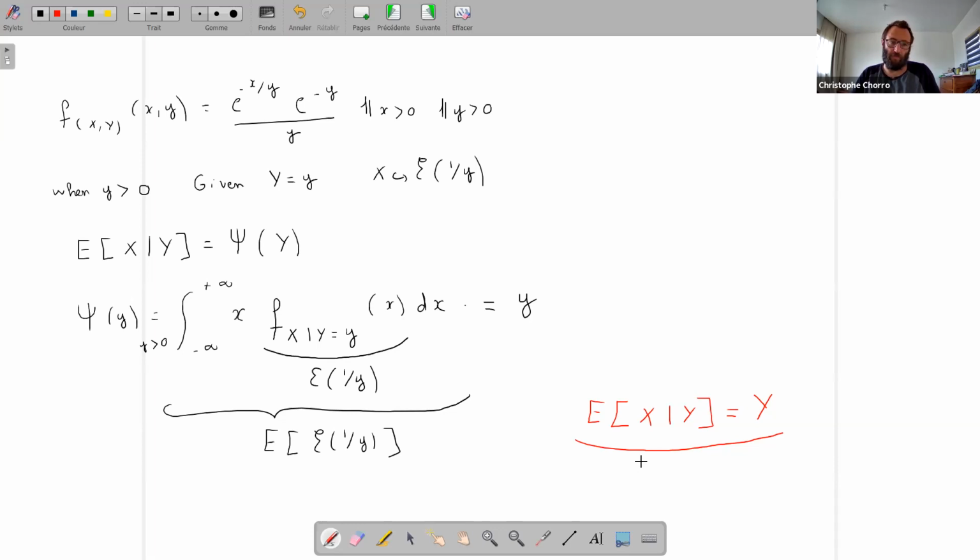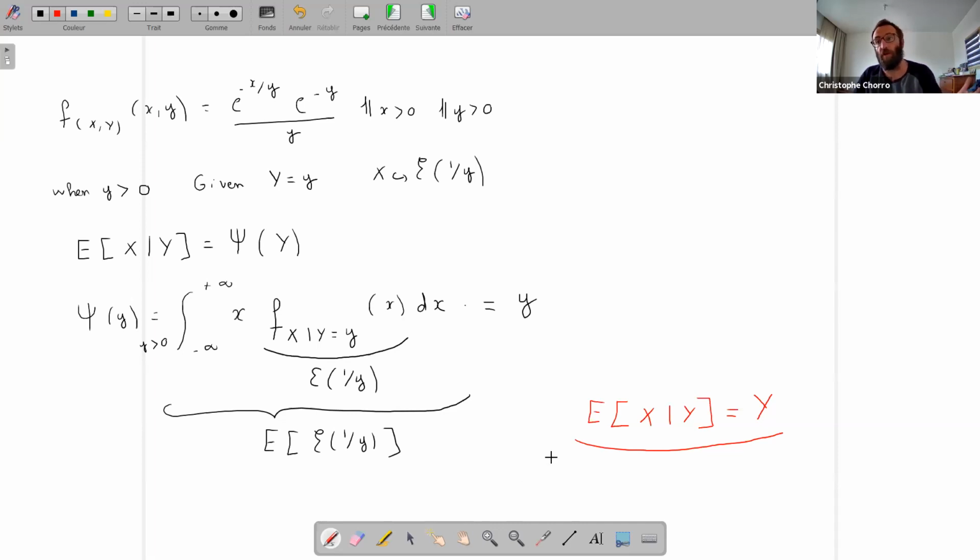So you have here one example in the discrete case, one example in the jointly continuous one. And in general, when you want to compute a conditional expectation, it is always possible to come back to the definition, and then you will have to compute sums or integrals.